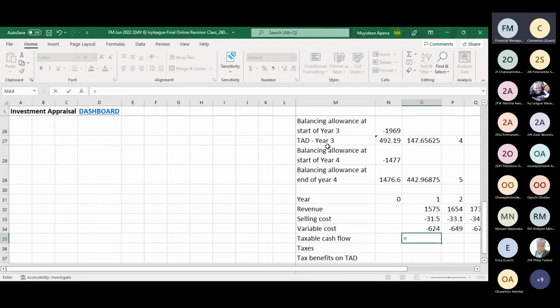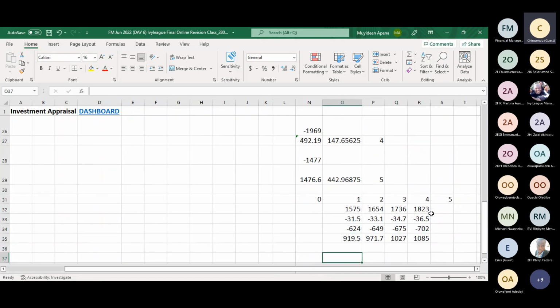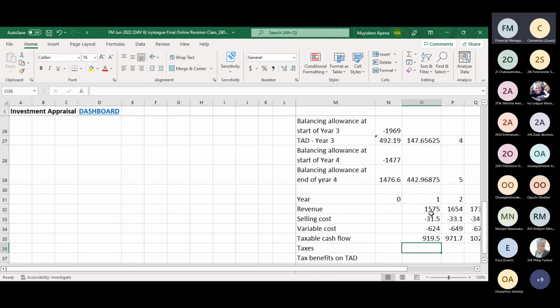So then we do the sum of all of this, since we have put them in their appropriate signs, and we do everything up to year 4. So we have the taxable cash flow now. Then we can bring in taxes, but don't forget tax is paid one year in arrears. So tax on this 919.5 will be charged against year 2 cash flow. Did you hear that? Someone should confirm. Yes, sir. And we present our taxes in negative as well.